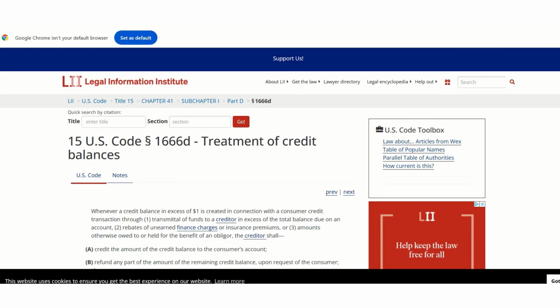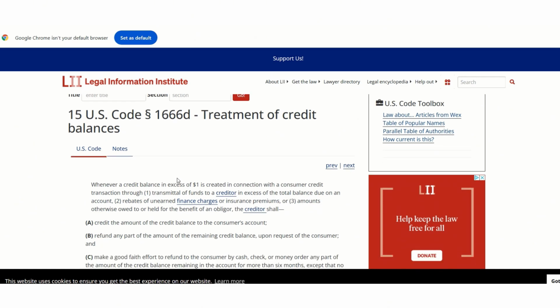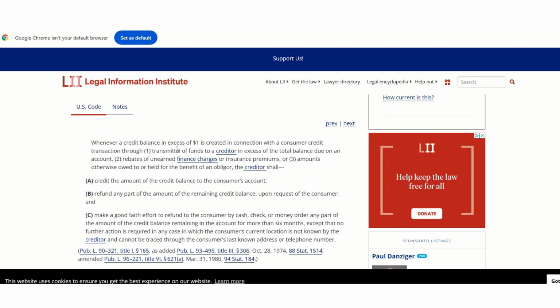Treatment of credit balances. Whenever a credit balance in excess of $1 is created in connection with a consumer credit transaction through transmittal of funds to a creditor in excess of the total balance due on an account, that's what we're talking about.